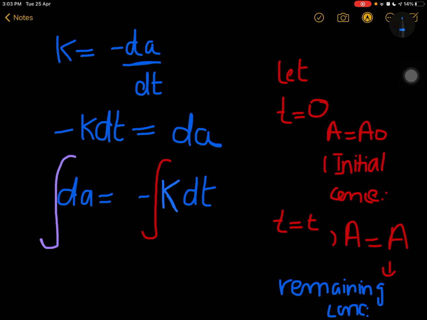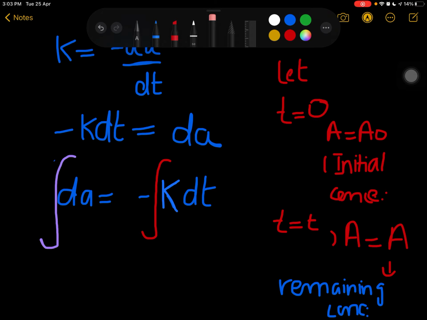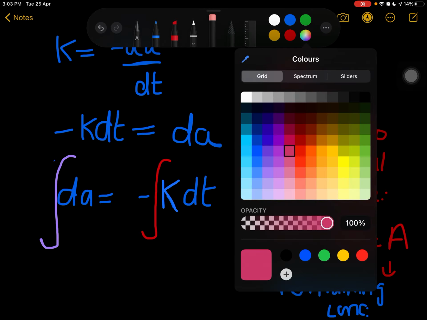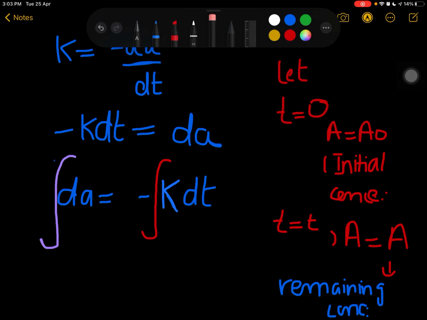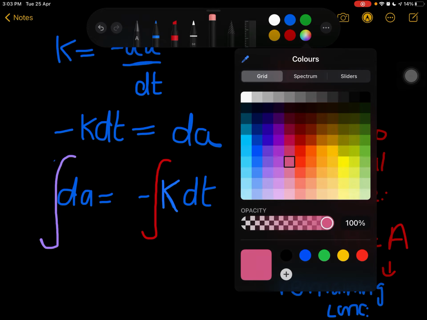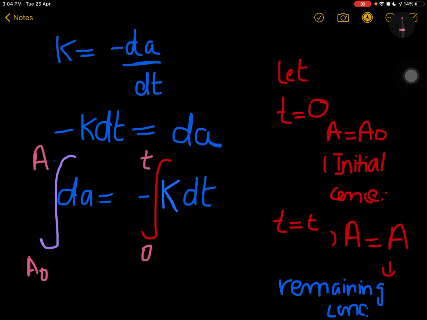So right, here we will write when the concentration is A, the time will be T. When the concentration is A naught, like the initial concentration, time will be basically 0, right?